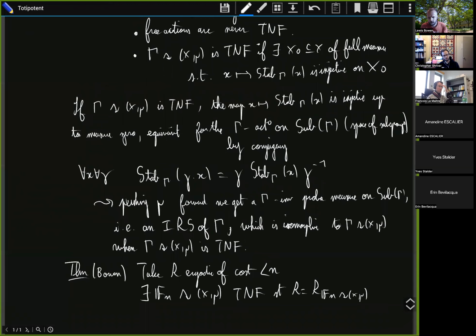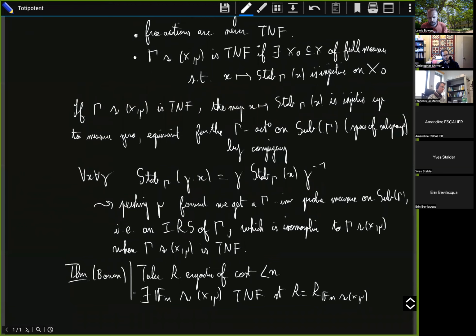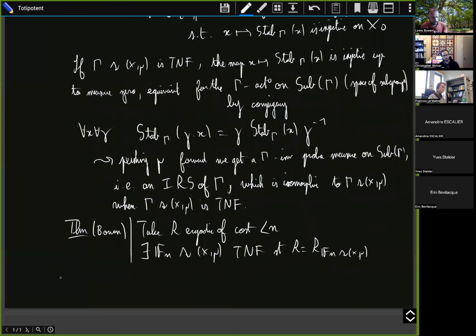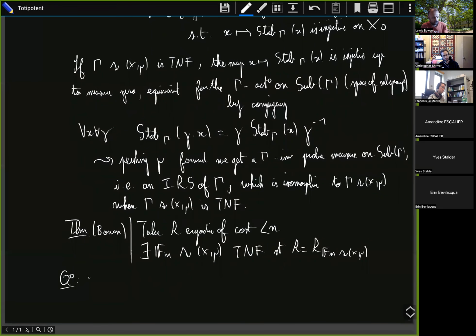So this is good, but there are several further questions that you can ask. One question is: you're talking about non-free actions, so first, can you also get, let's say, non-freeness?